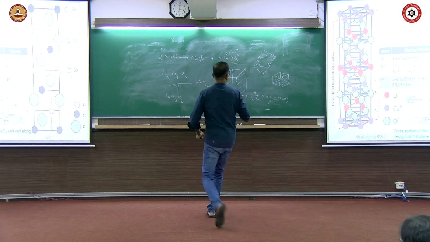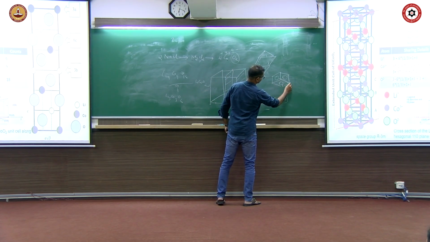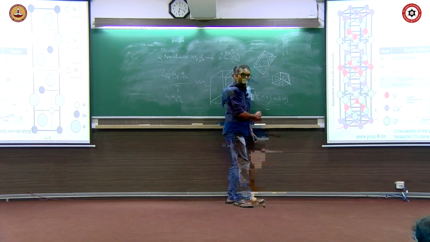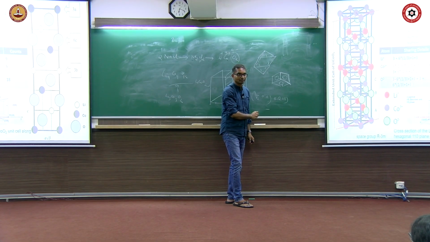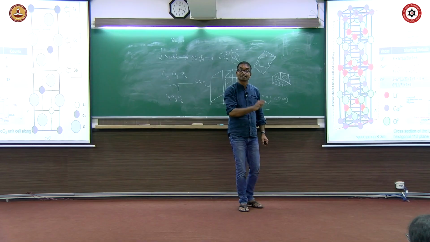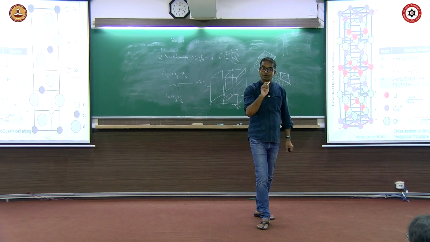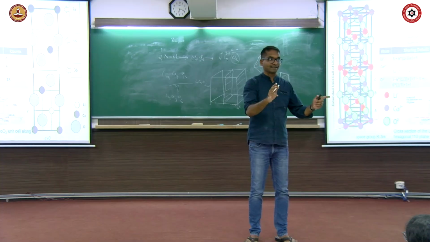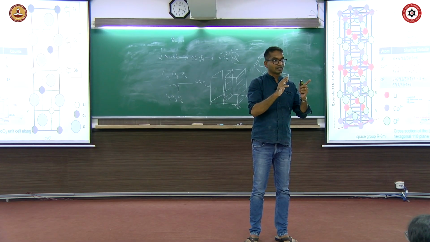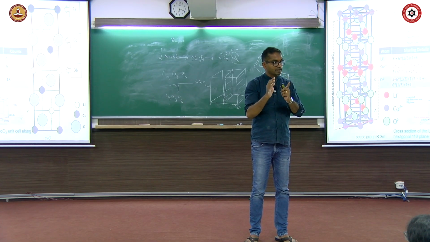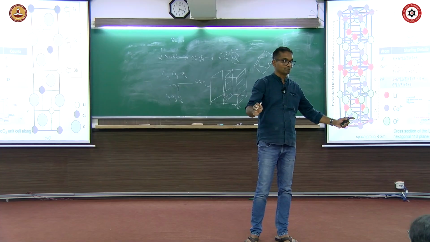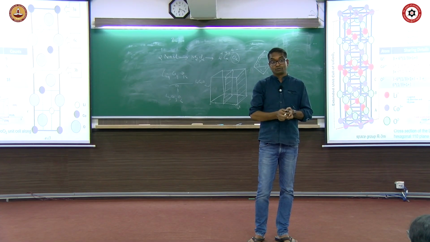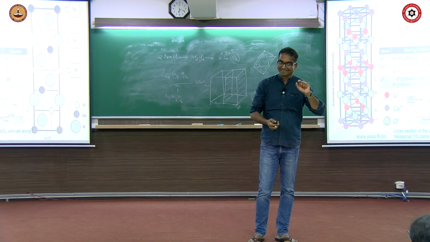What is the shape of this? Rhombus, rhomboidal. That's why this unit cell is rhomboidal. It is not cube. Why is it not cube? Because there are 2 cations. So if you wanted to get the minimum volume that is required to repeat in the space, you cannot do it with the cube. Although your lattice is a cubic lattice.